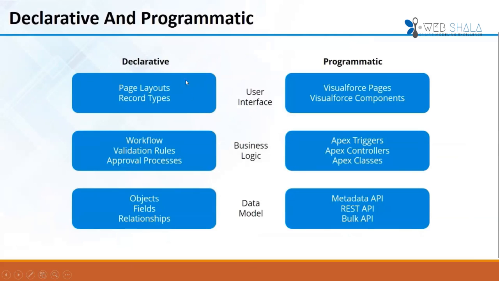Few things you have done through page layout and record layout in admin. But if something is beyond the limit of the page layout, you create an entirely new page for it, which comes through a Visualforce page or Visualforce component.